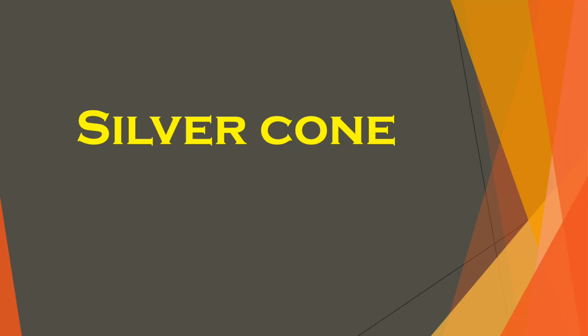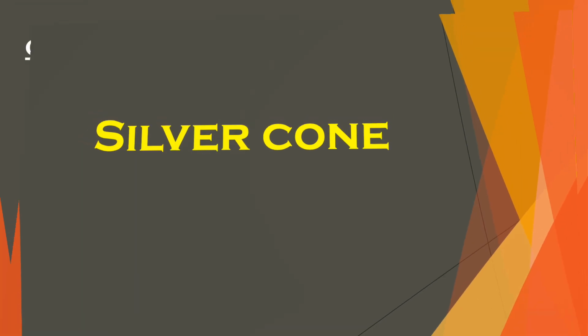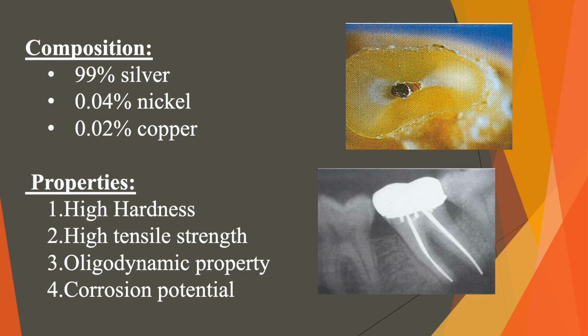The third thing is the silver cone. Silver cone was used previously, long ago. Its composition is 99% silver with traces of nickel and copper. Its properties: it is hard. It's like needles, the same as a needle, and we can put it in the root canal. It will not bend.